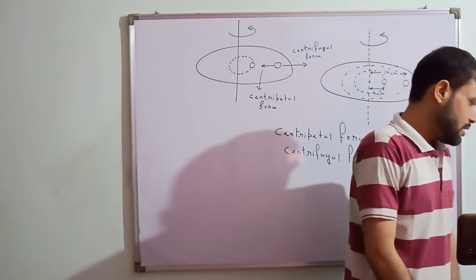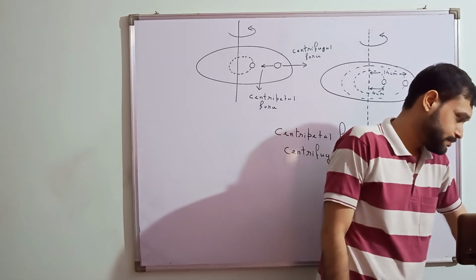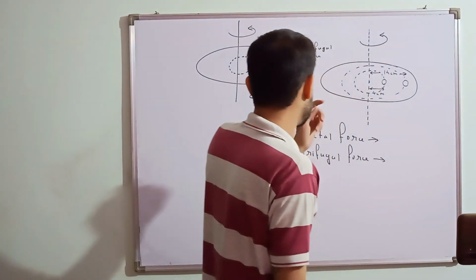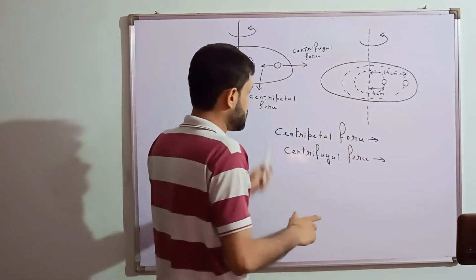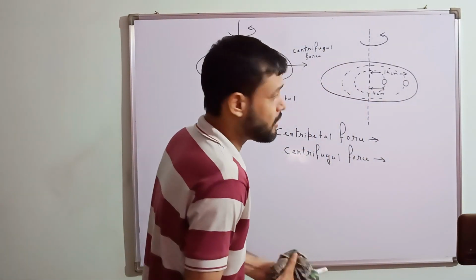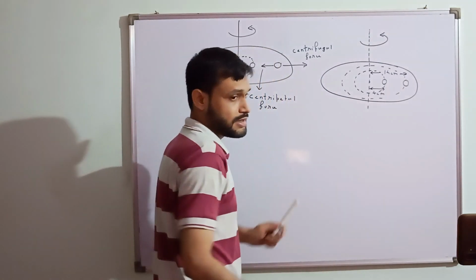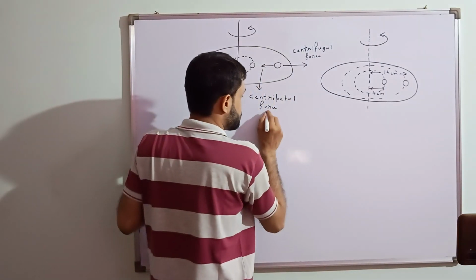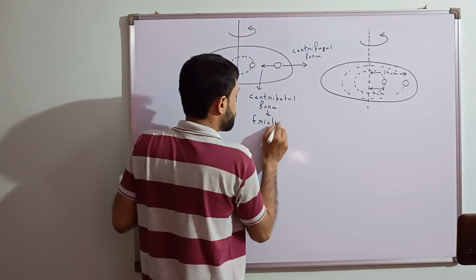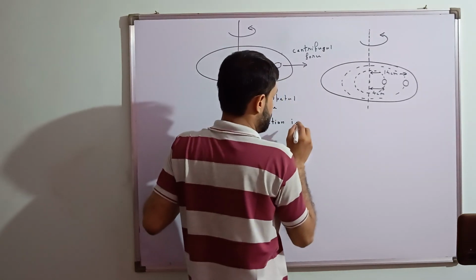So here what we have to do, we need to check the friction, and who is providing the centripetal force? The centripetal force is provided by the friction over here. If the friction force is strong enough to overcome this centrifugal force, then the coin will move, there is no problem. Friction is providing the centripetal force, okay? Friction between this coin and the disc.